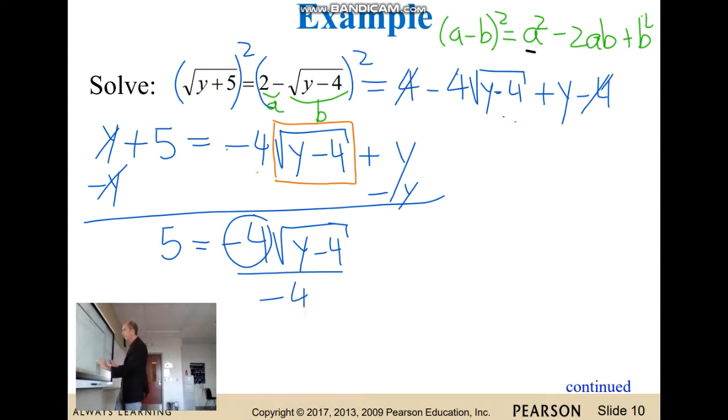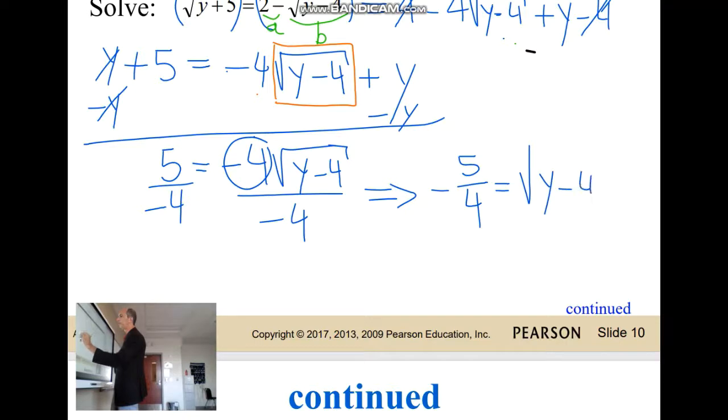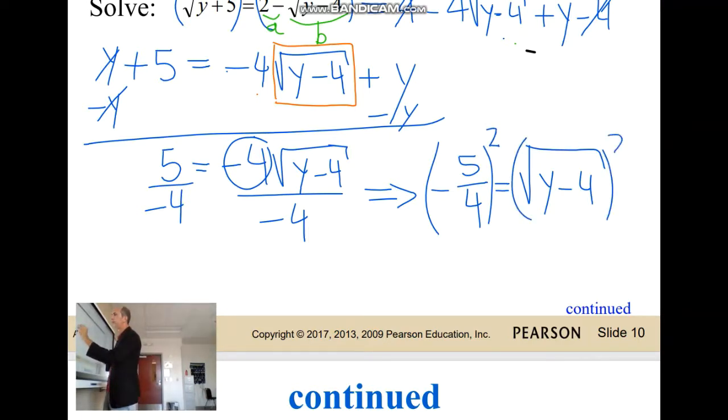Let's divide both sides of this equation by -4, and then we're going to have -5 over 4 equals square root of y minus 4. It's always better to have only the square root isolated on one side of the equation. Let's do the second step, to raise to the same power both sides of the equation.